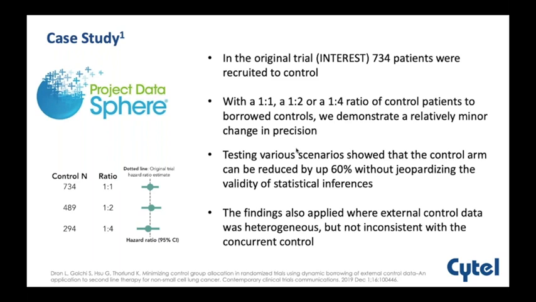But what we found is that at least for this particular case, going down to a randomization ratio of 1:4 gave us both a control group estimate as well as a hazard ratio estimate that yielded quite congruent statistical inferences with the results of the original trial.